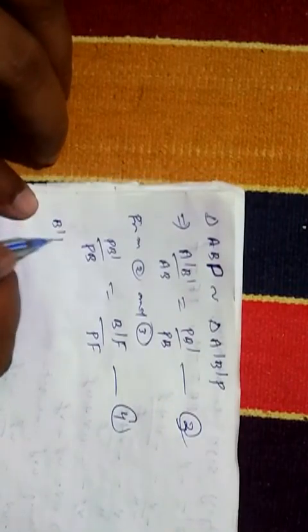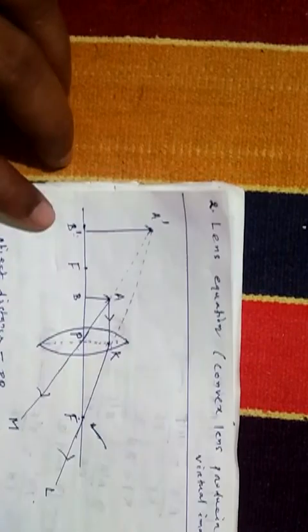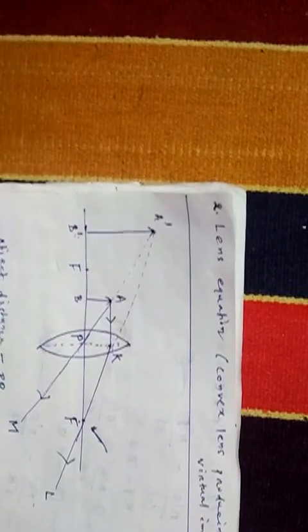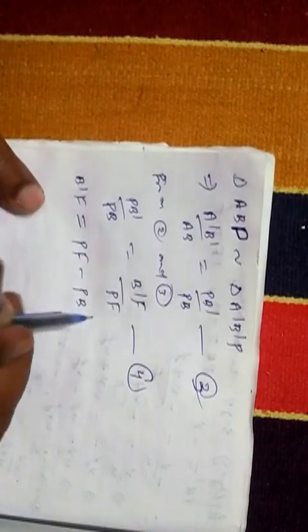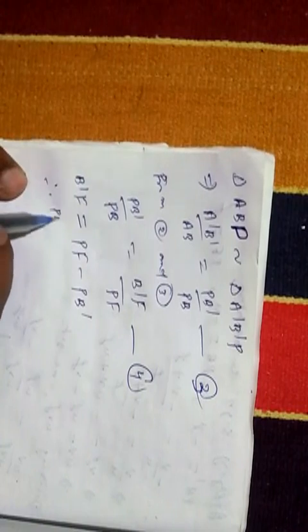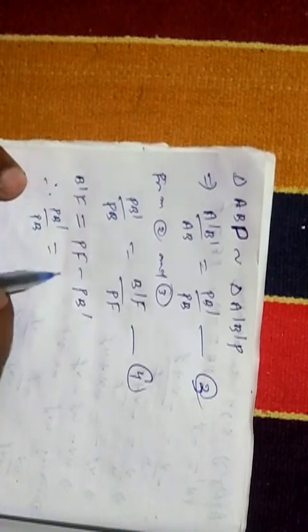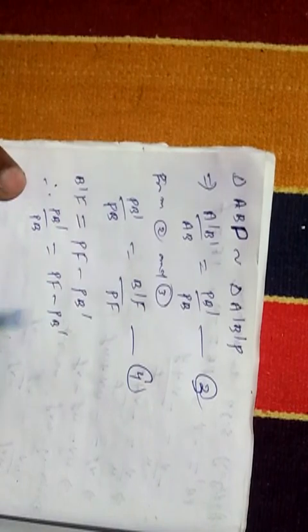B dash F is equal to PF minus PB dash. So we can write equation 4 as PB dash by PB is equal to PF minus PB dash by PF. Equation number 5.